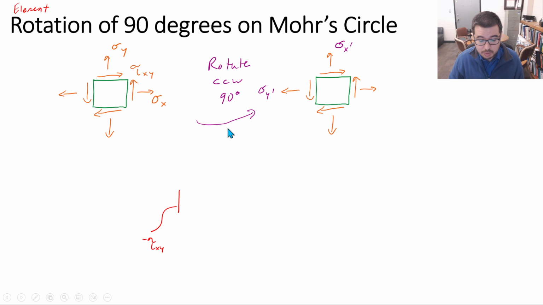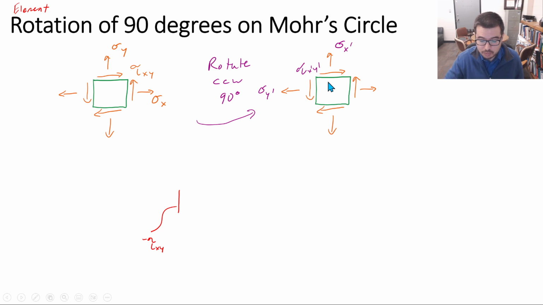Well, we started with our sigma x over here. If we rotate 90 degrees counterclockwise, we now have our sigma x prime and our sigma y prime over there, and our tau x prime y prime is over here too. So look, we went from having a positive tau xy to now having one that is negative.